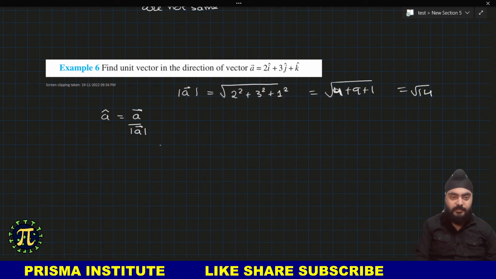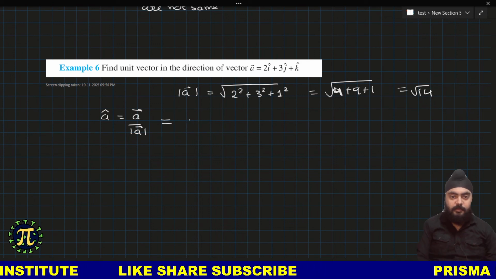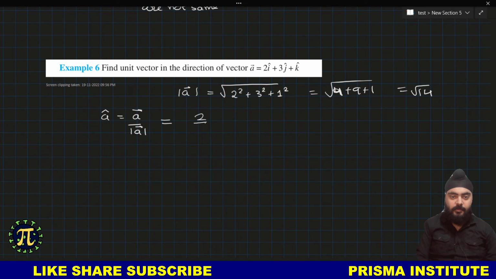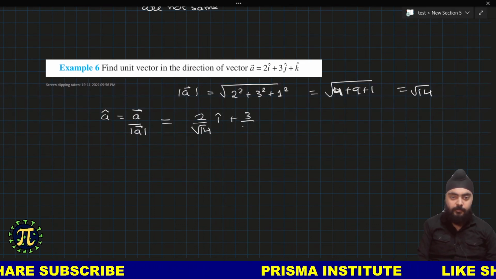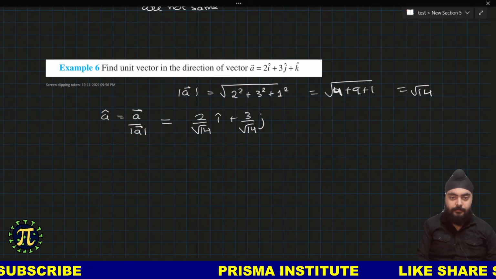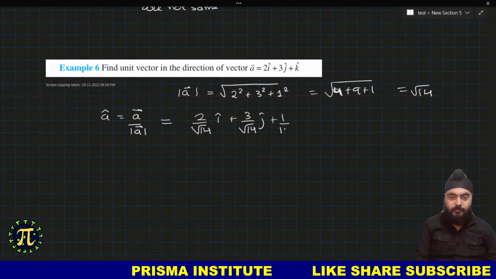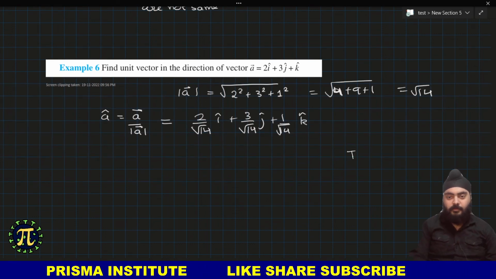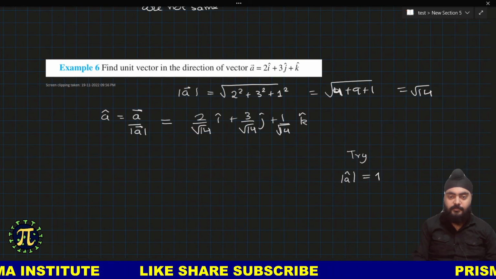By this definition of unit vector, dividing by its own magnitude, A cap is 2 by root 14 i cap plus 3 by root 14 j cap plus 1 by root 14 k cap. You can try to find the length of A cap and prove that it is 1.